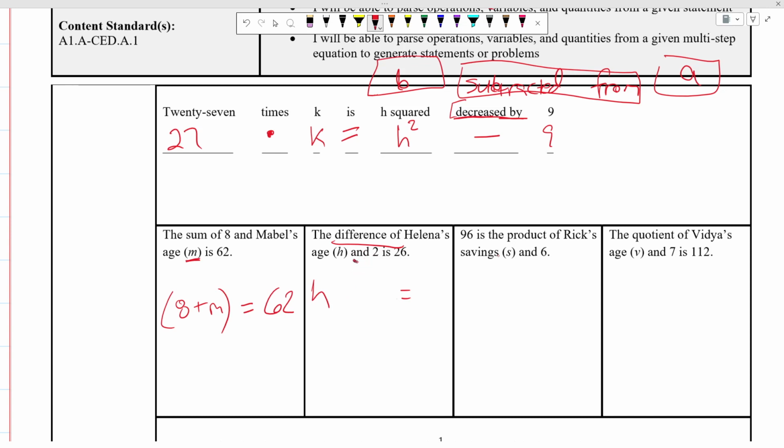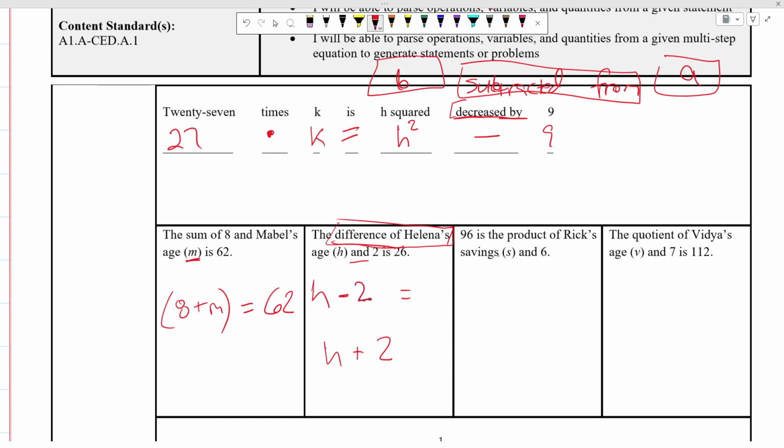Now, I want to point this out specifically, actually. I'm glad this is here. Generally speaking, if you see, let's say, H and 2, that would indicate an addition. The word "and" is an indicator for an addition operation happening. However, that is not the case in this particular one because immediately before this, it talks about the difference of.